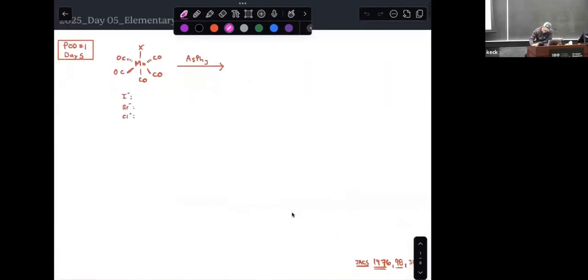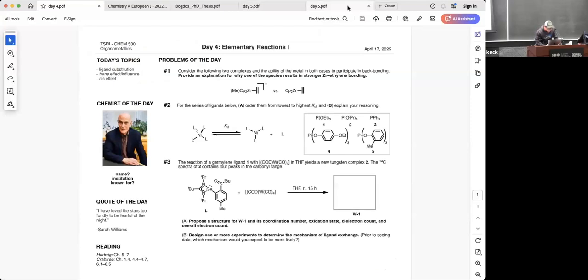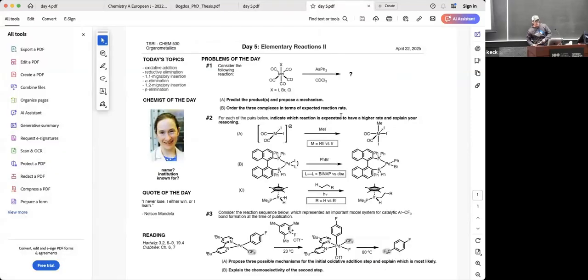All right, let's march forward. Problem of the day number 1 on the day 5 worksheet will give us a chance to practice some of what we have just covered. So we're going to consider here this tetracarbonyl manganese halide complex, and we have an incoming triphenyl arsenide ligand.